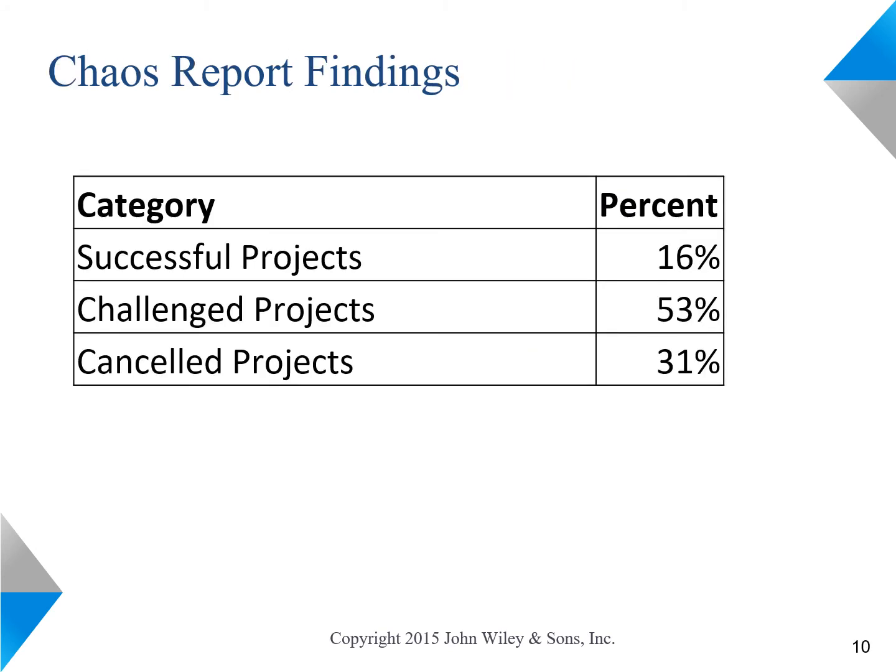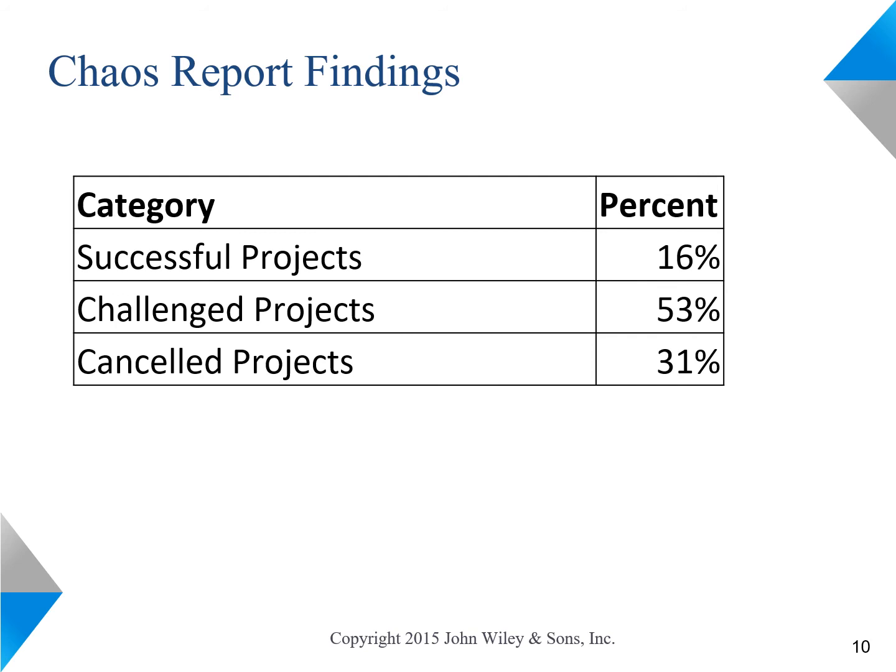Actually, just before we look at the underlying reasons, these are the numbers. Of successful projects, only 1 out of 6 projects met all of their promised outcomes: cost, schedule, and the functionality that they promised. 53% of them, or more than half, were challenged, meaning these projects missed at least one of the targets that they had.